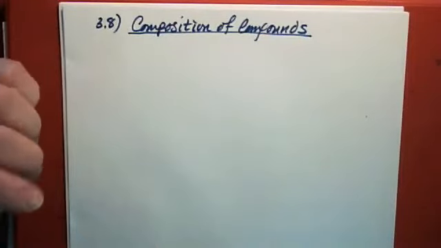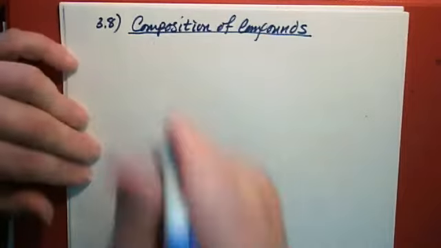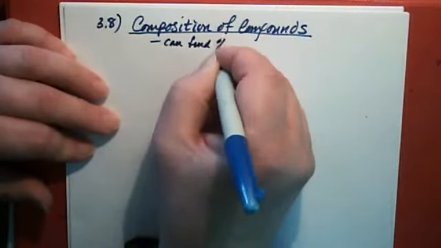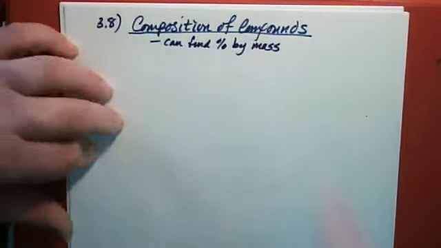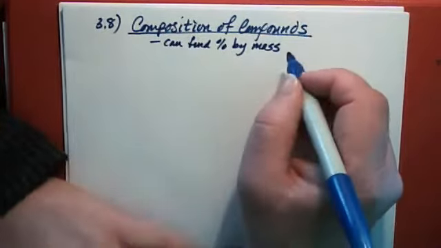Okay, when we broke for the last segment, we were looking at composition of compounds. And sometimes it's useful to know what the composition of a compound is in terms of proportions or percentages of elements present.